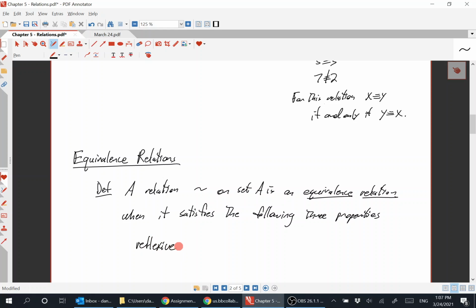Reflexivity, the reflexive property: for all x in A, x is related to x.